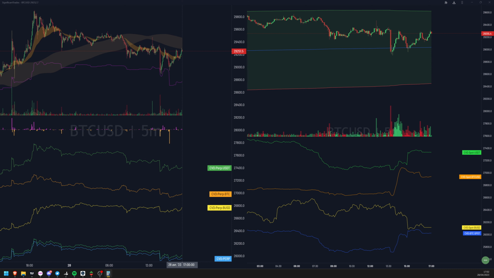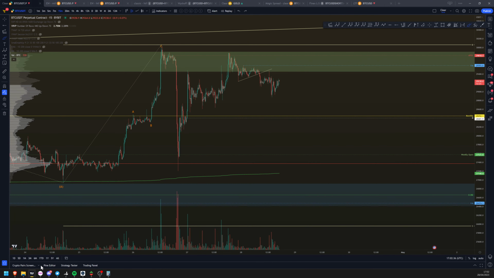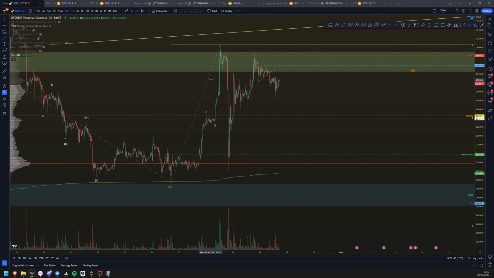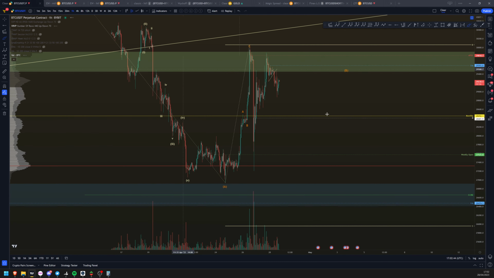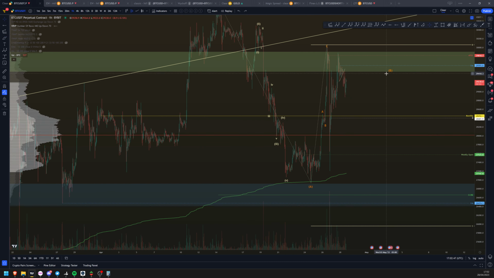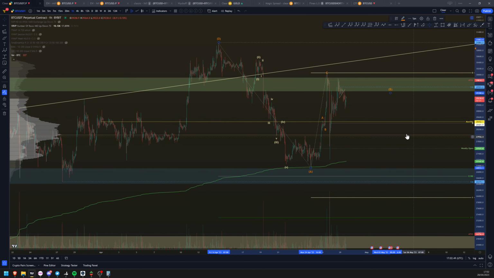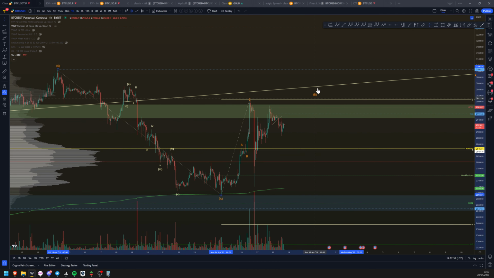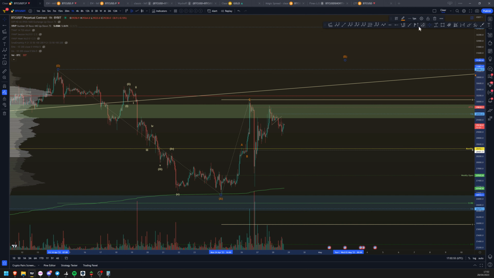What do you think of a flat in wave B? I suppose you're talking about a bigger wave B. For this wave B, I mean, yeah, because we can fit an ABC here if we want.